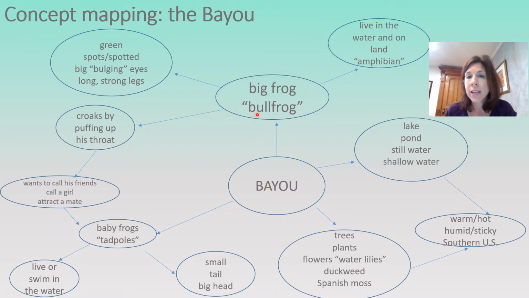The bullfrog is an amphibian. For example, so I'm just trying to tell you that there are many, many different kinds of activities that you could spawn off of this concept map, whether they be more vocabulary building, whether they be sentences, or identifying these words in the text, or sections of the text where these concepts are evoked, okay?